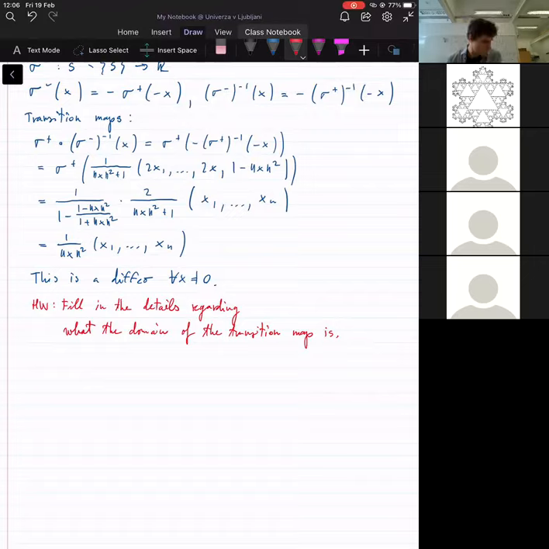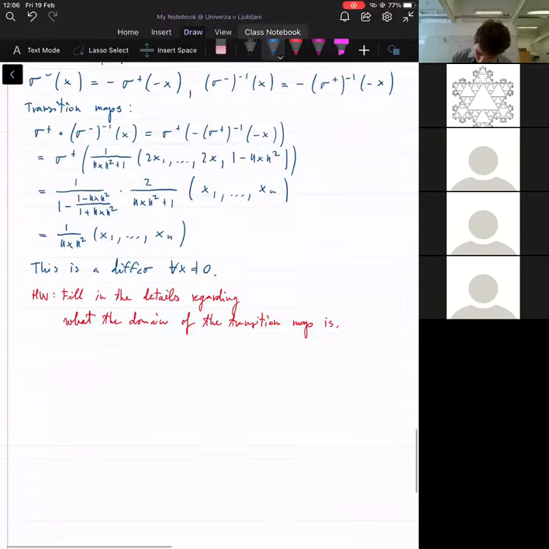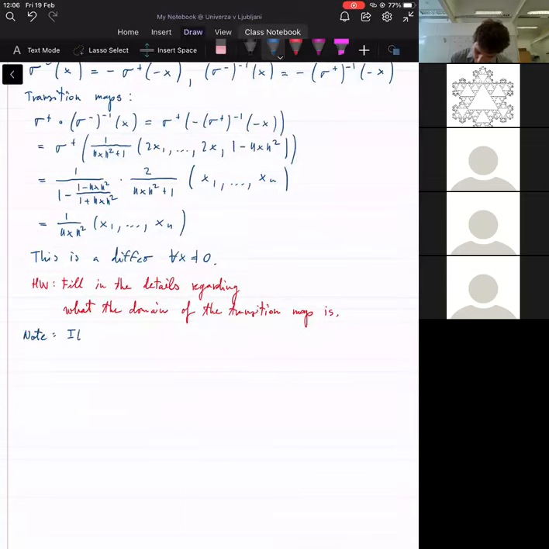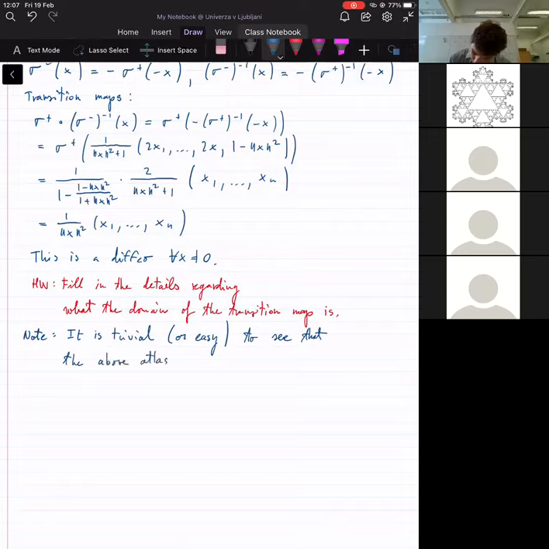Maybe just one more small note is that it is easy to see that the above atlases are compatible.